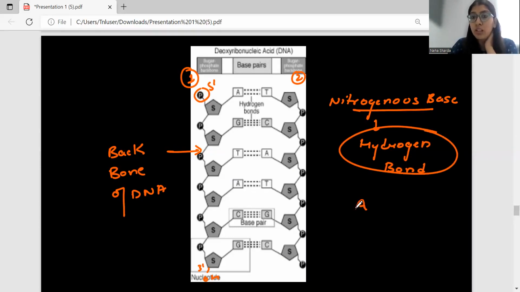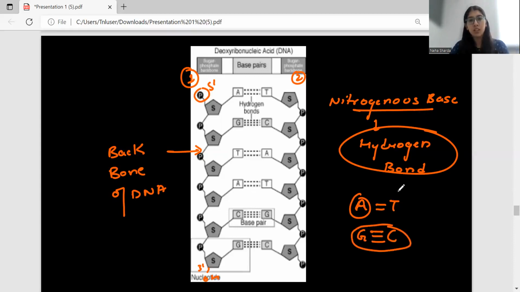Adenine is what? Adenine is purine. Adenine will form bond with thymine, 2 hydrogen bonds, and guanine will form 3 hydrogen bonds with cytosine. So these are hydrogen bonds, and you also know that DNA has polarity.